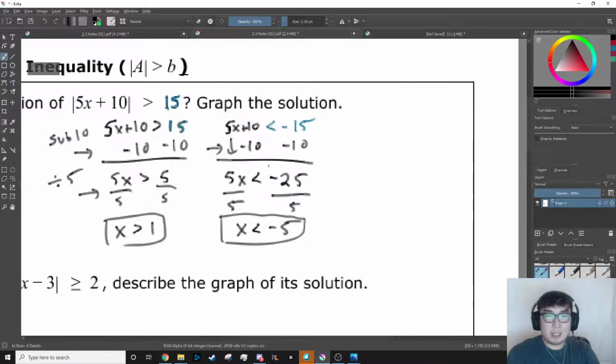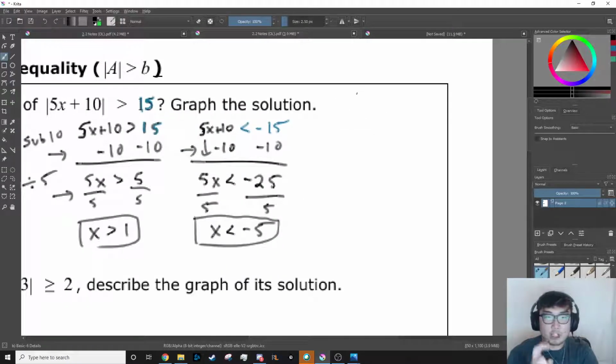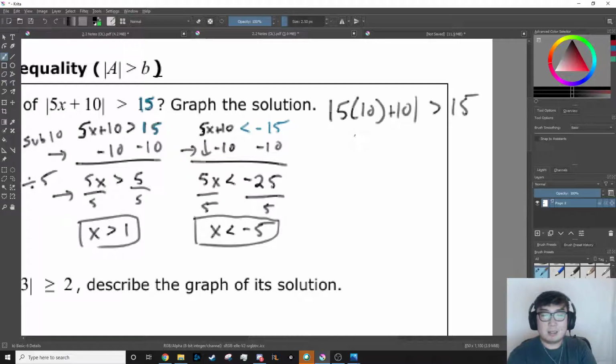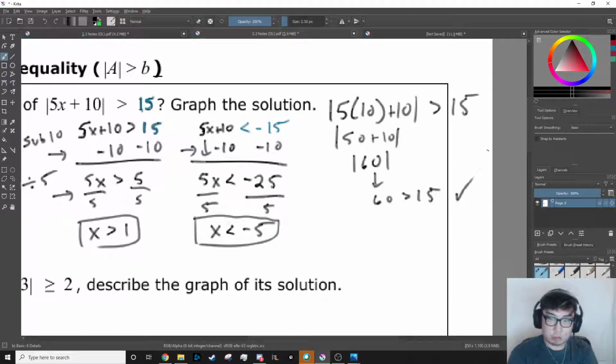So if I choose 10 to check my answer, the absolute value of 5 times 10 plus 10 is greater than 15. 5 times 10 is 50, plus 10, that's 60. So the absolute value of 60, that's 60, is greater than 15. That statement is true. So this is correct.